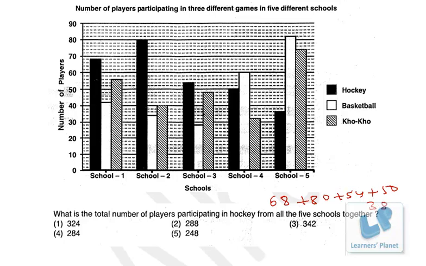Okay, sorry, it is 36. So it's 68 plus 80 plus 54 plus 50 plus 36, that's 90, 80, 170, 220 and 288, right?